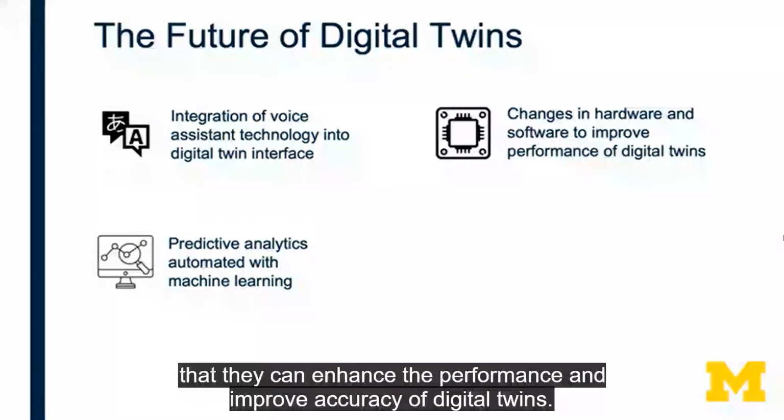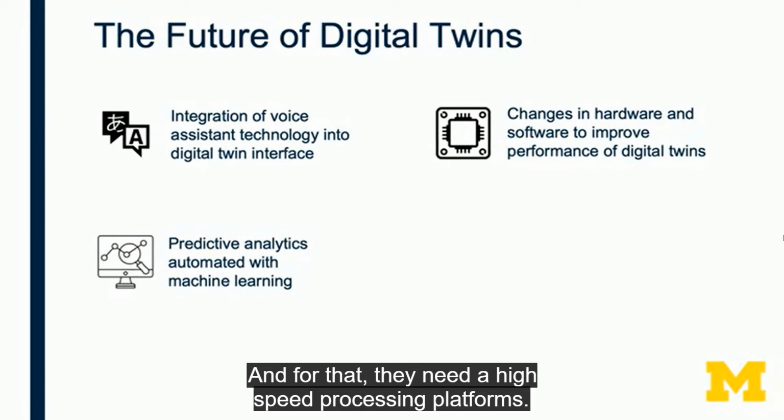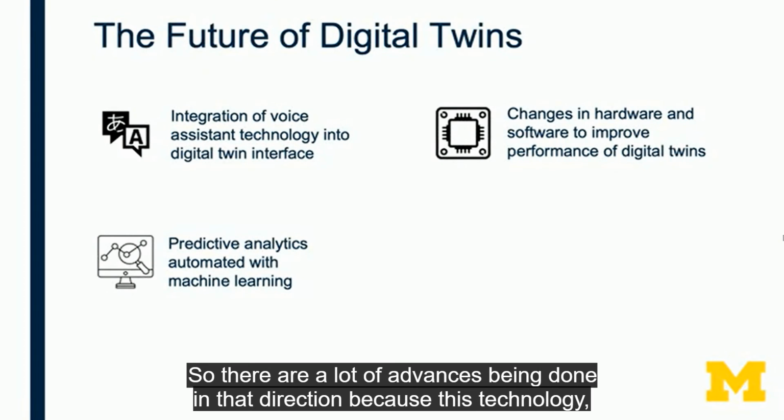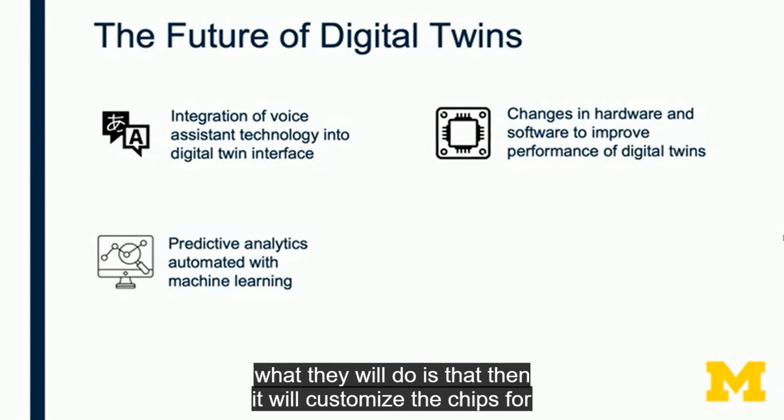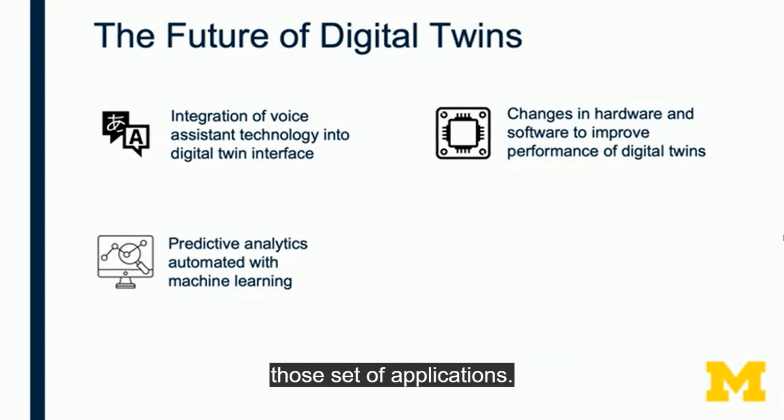For that, they need a high-speed processing platform. There are a lot of advances in that direction, because this technology will customize the chips for those applications, hence making the digital twin capability much faster and more effective.